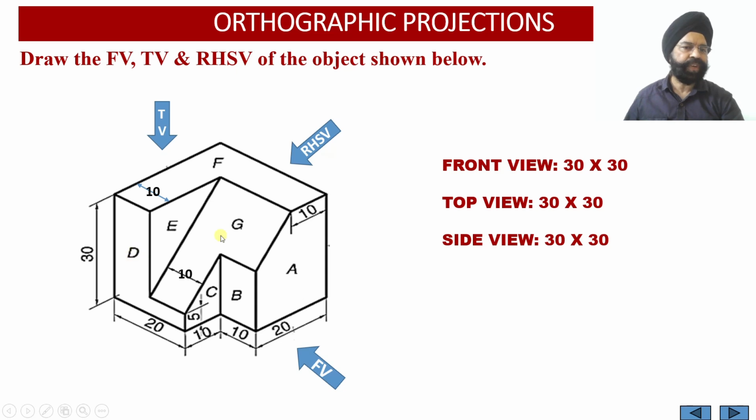So these three surfaces are not visible to the observer from the orientation from which the observer is looking at this solid. So we are going to get one square which will be drawn with the help of an object line, and then the projections of the surfaces D, G and B onto the profile plane over here.